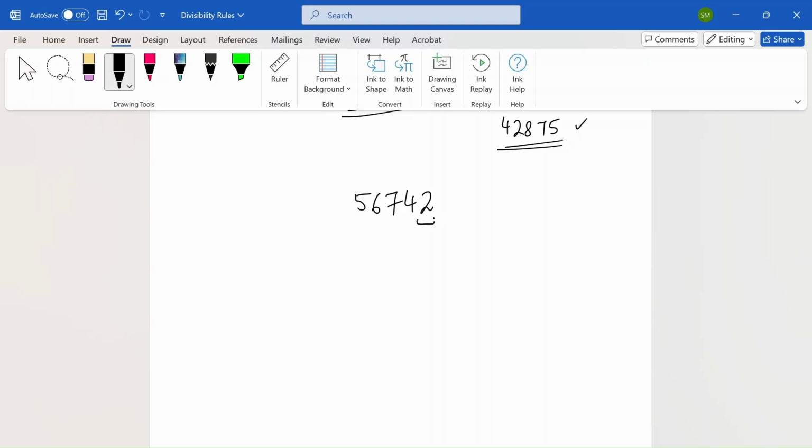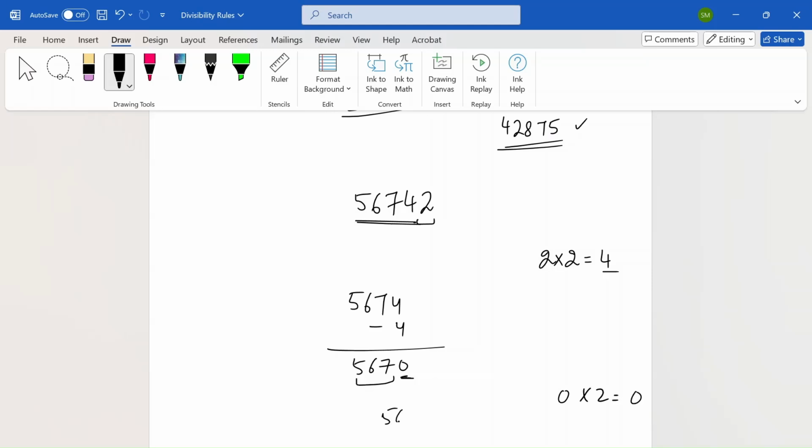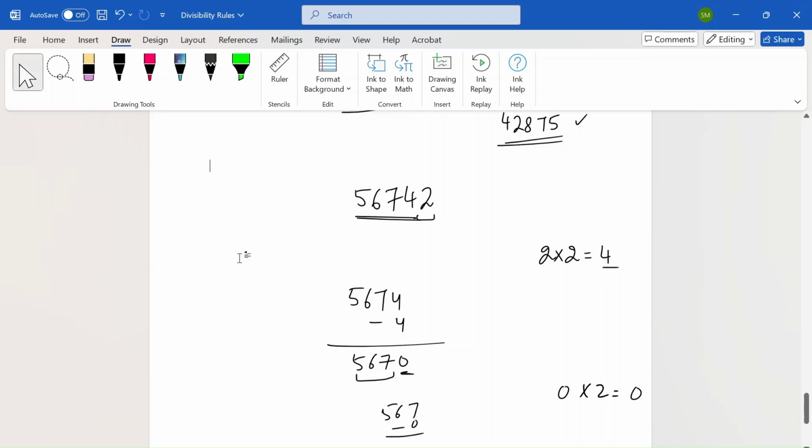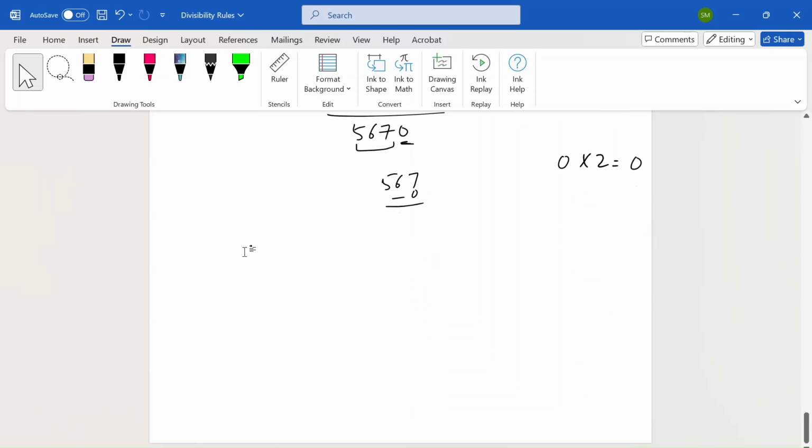We take the last digit and double it. 2 into 2 equals 4 and subtract from the remaining digits. 5674 minus 4, which is 5670. All right. Again, take the last digit, double it. 0 2s are 0. Subtract from the remaining number 567. 567 minus 0. What is remaining? The remaining is 567 only.